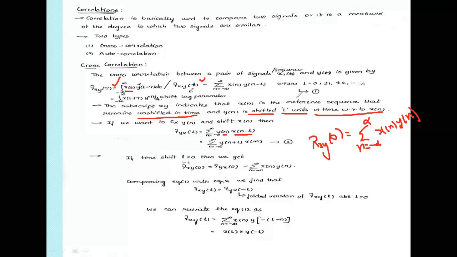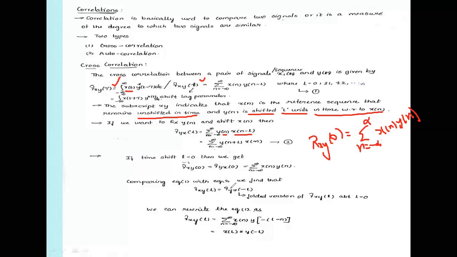Comparing the equation 1, we find that Rxy of L is equal to Ryx of minus L, because in correlation, changing x and y does not obey the commutative property.